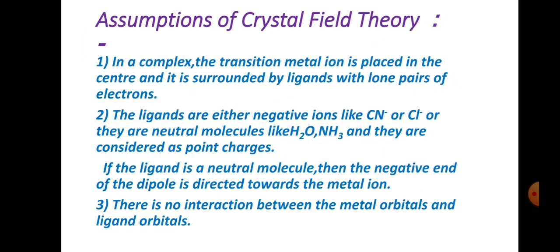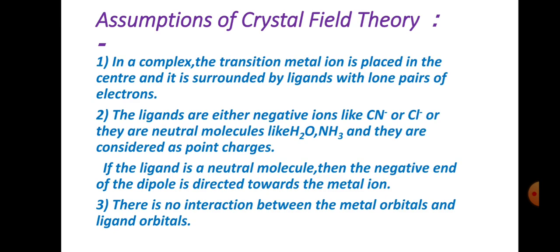Next we see the assumptions of crystal field theory. In a complex, the transition metal ion is placed in the center and it is surrounded by ligands with lone pairs of electrons.